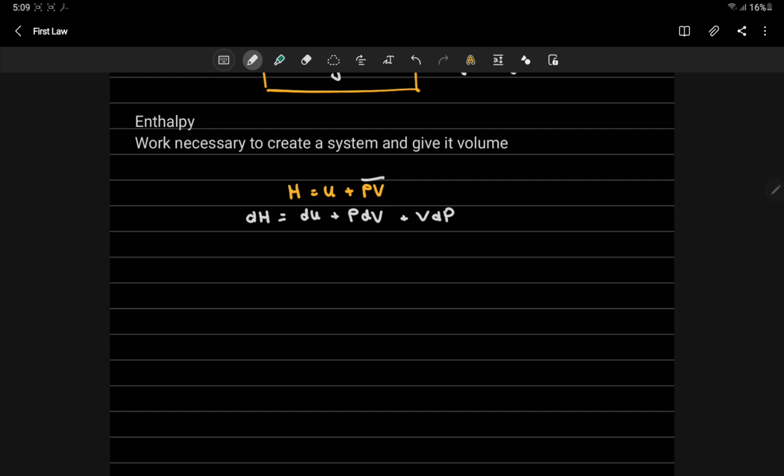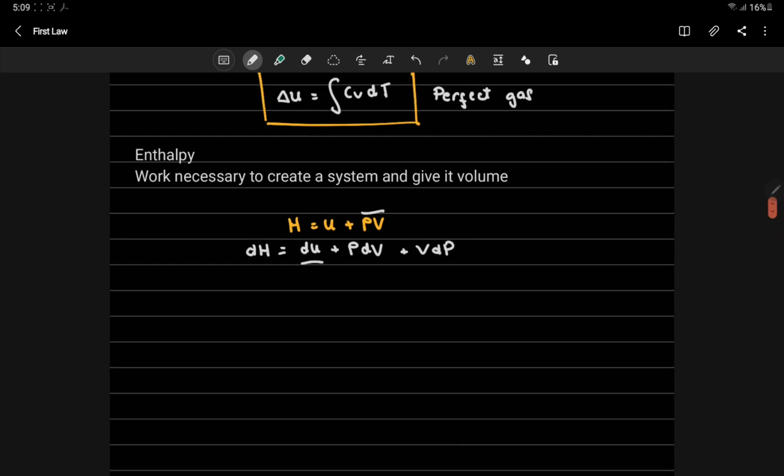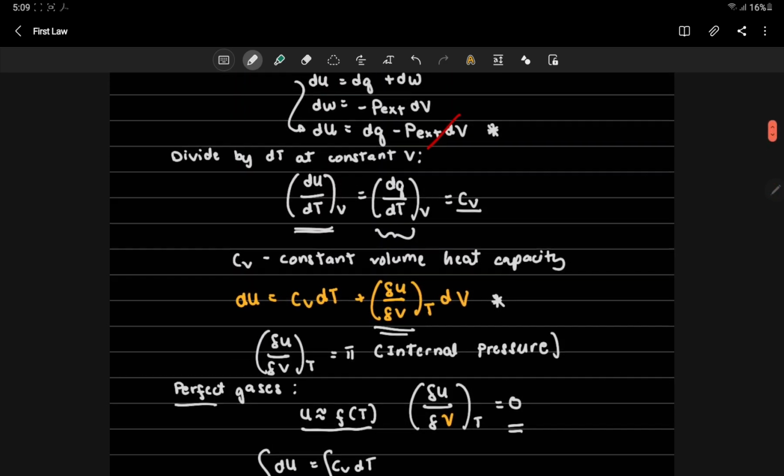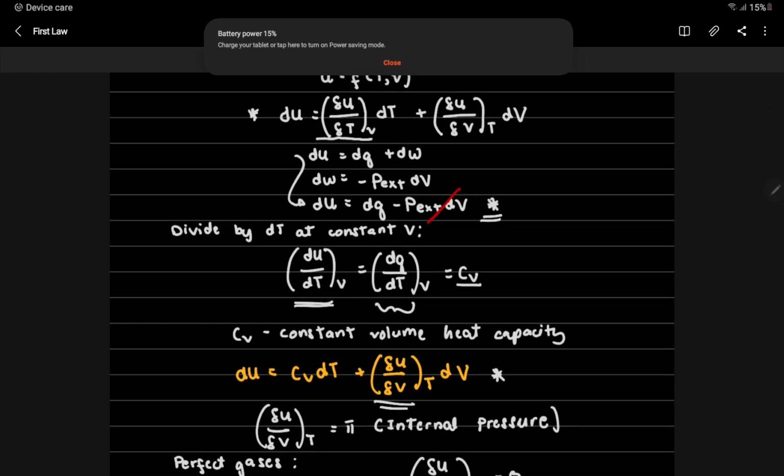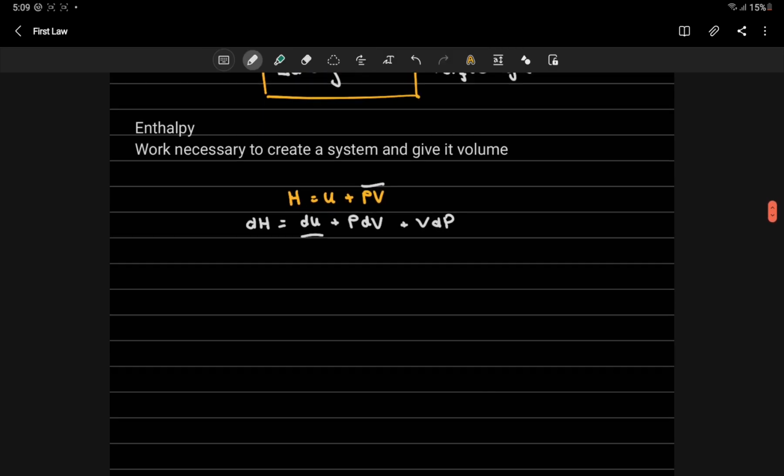Okay? Now, do you remember that dU is equal to, where was it? This one, right? This expression, dU is equal to dQ minus P dV. So let's substitute that. dU is equal to dQ minus P external dV plus P dV plus V dP.